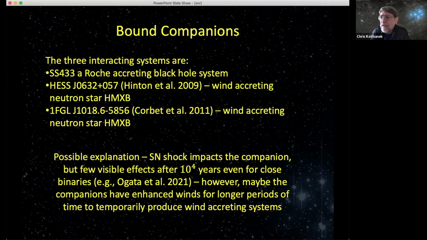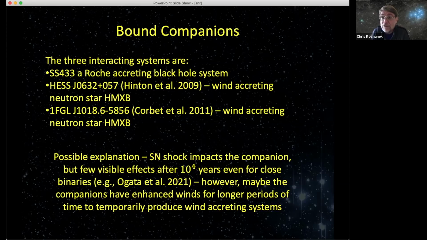It has to be pretty close in to have a visible effect, in the sense of making it overluminous for an extended period of time. If you put it close enough, you can greatly enhance the luminosity of the star for a while. Basically, you puff up the envelope of the star, and then as it Kelvin-Helmholtz contracts, you get the luminosity from the contraction. But that usually doesn't last that long, centuries, not thousands of years.